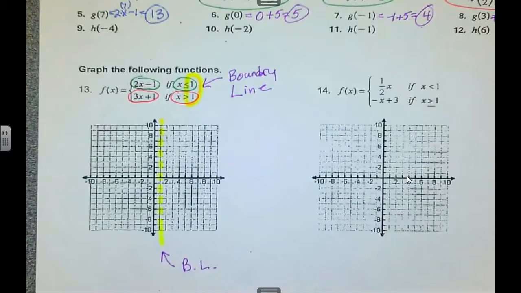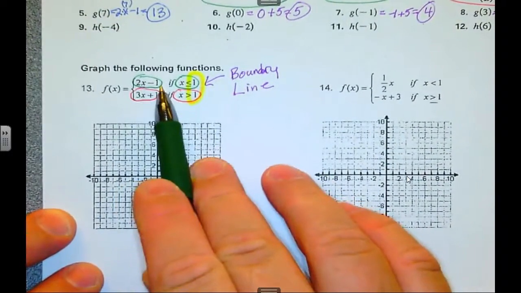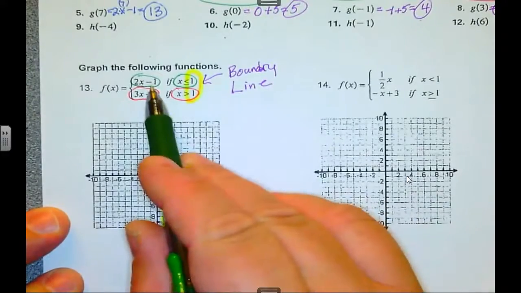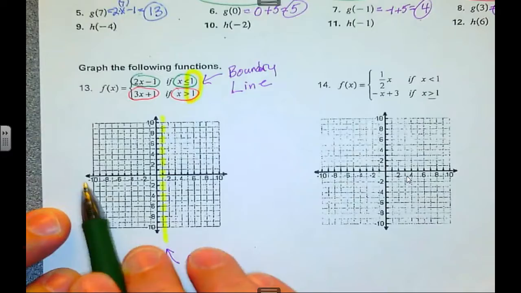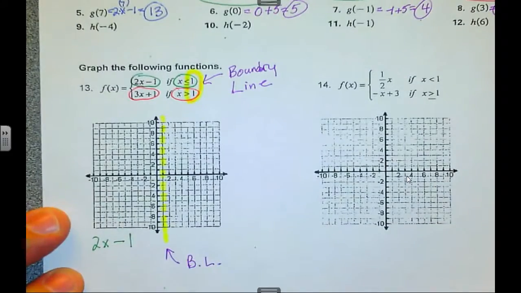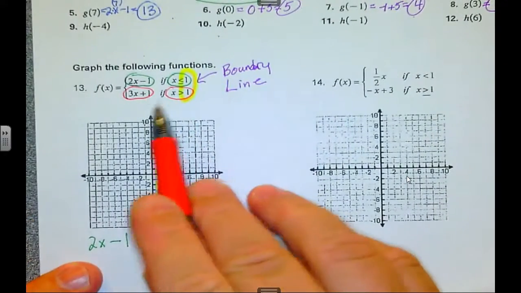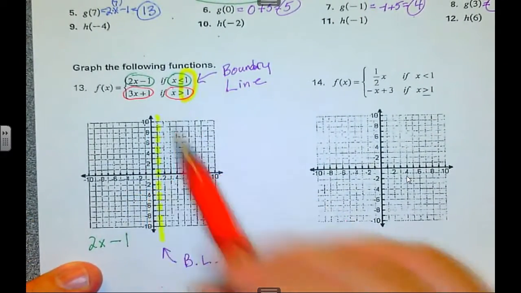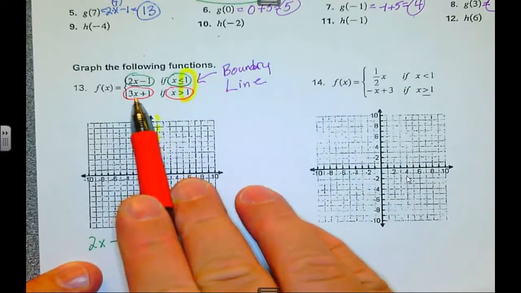Now, let's review. If x is less than or equal to 1, I use the expression 2x minus 1. If my x is greater than 1, I use my expression 3x plus 1.